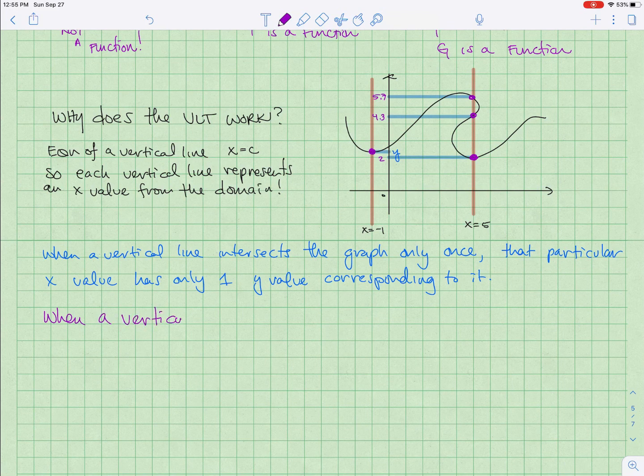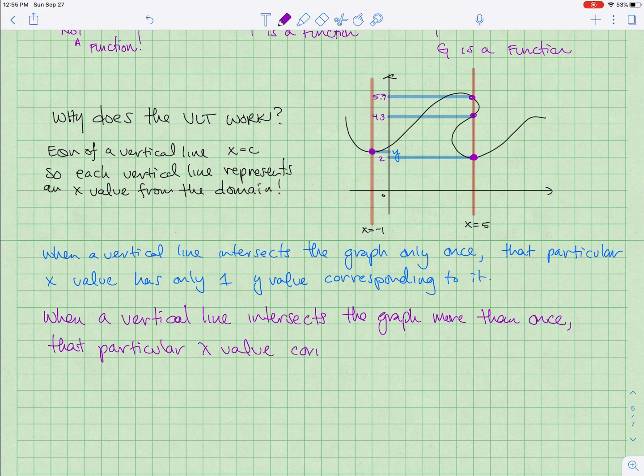When a vertical line intersects the graph more than once, that particular x value corresponds to more than one y value.